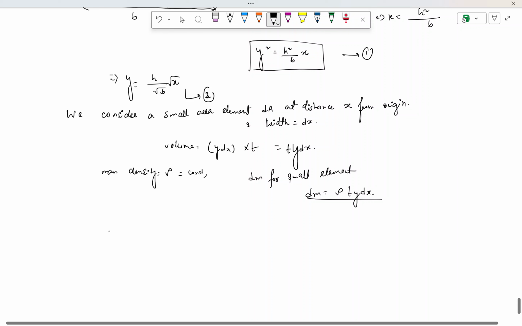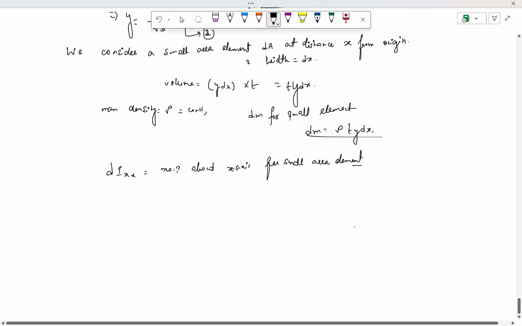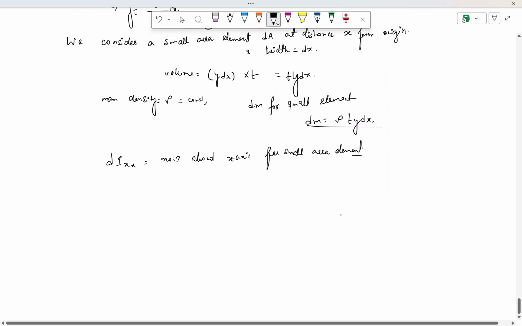Now dIxx is the moment of inertia for the small element of area taken in the diagram.